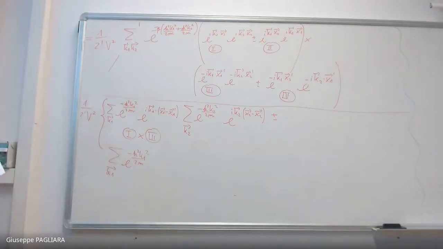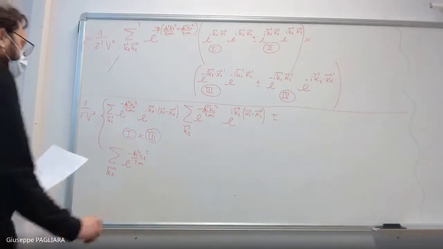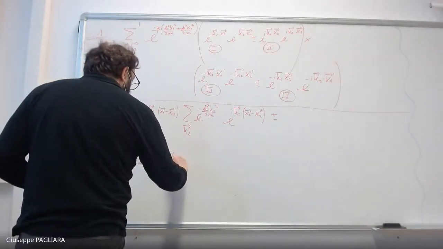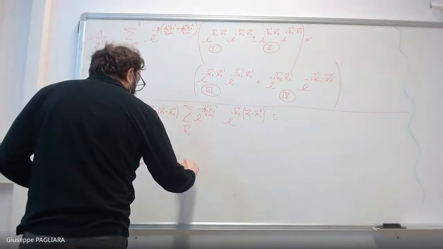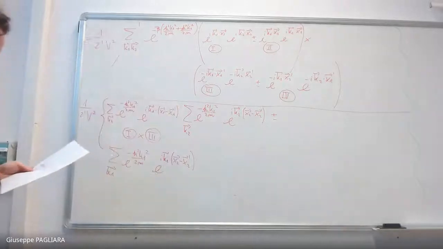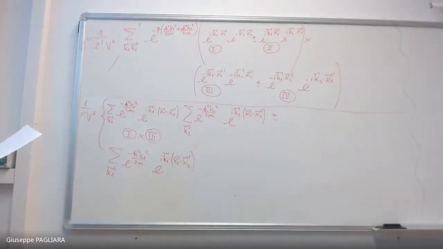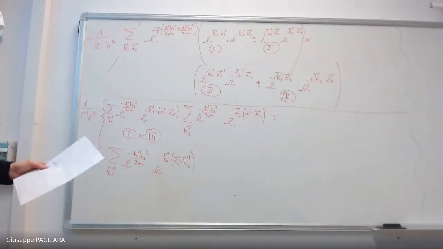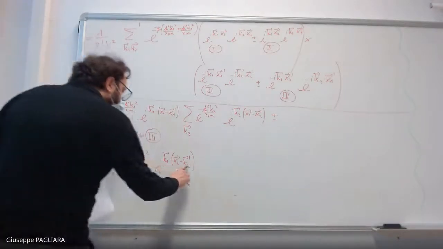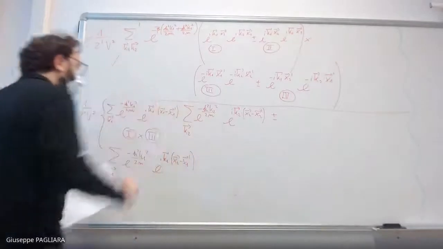And here you have e to the i k1 x2 minus x2 prime. Wait, maybe I made a mistake here. It should be k1 x2 minus x1 prime.